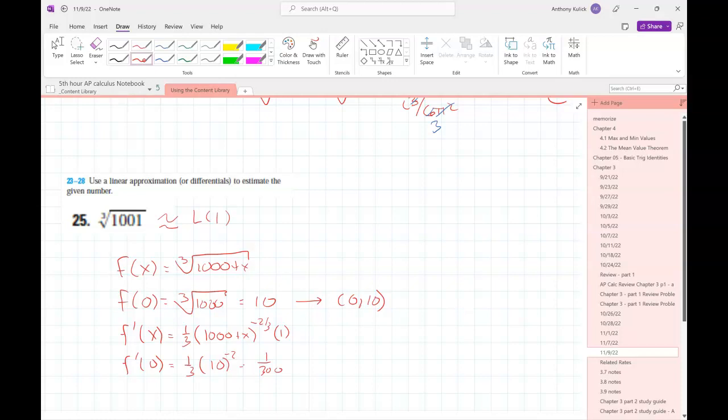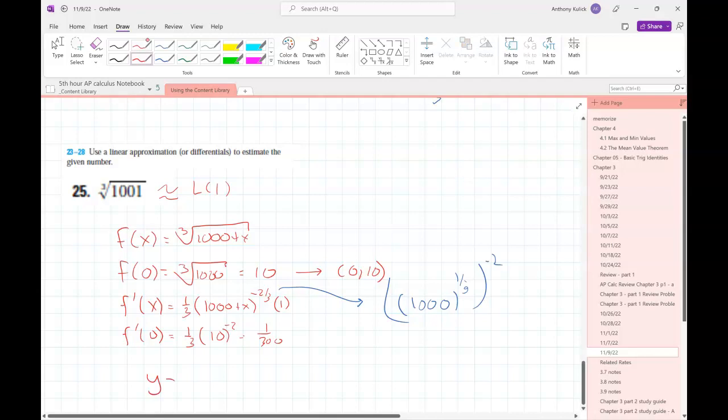And that simplifies down to... well, I did the cube root to change it from 1,000 to 10, and then I'm going to do the squaring after, right? So Mackenzie, what I'm thinking about is this being 1,000 to the 1/3 to the negative 2, just so it's easier for me to handle in my head. Now, you could just type that in your calculator also, and it's fine. You don't need to do that.